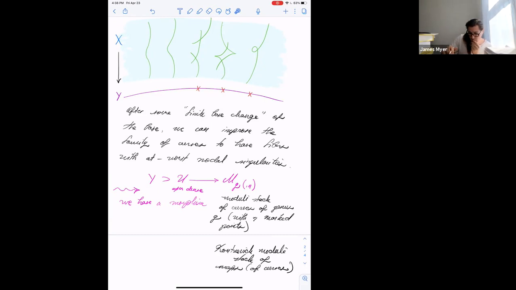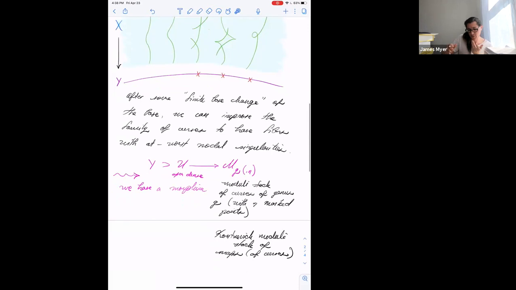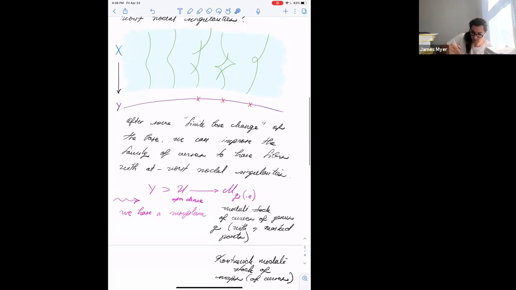So, how should I say this now? You have this choice, and a priori the family we have is a family of curves of genus G generically, and I haven't marked any points or anything. So I could try to proceed with the argument without marking the points and see what happens.